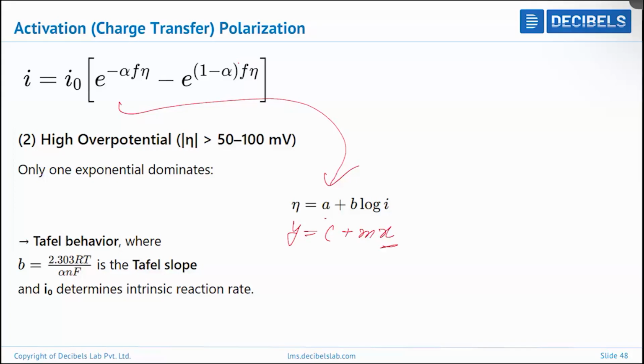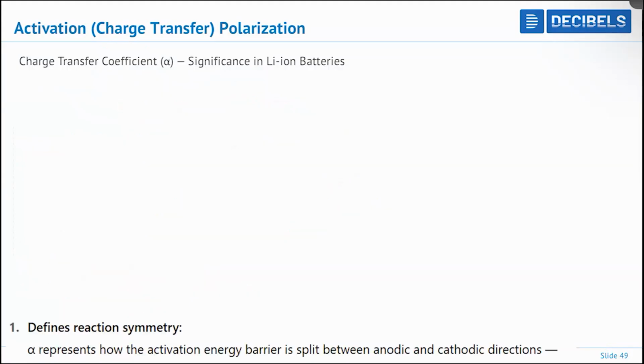Here b is the slope, also called the Tafel slope. It is 2.303 RT by alpha nF. If you rearrange and simplify that expression by taking the log, you will get this, where I0 determines the intrinsic reaction rate.